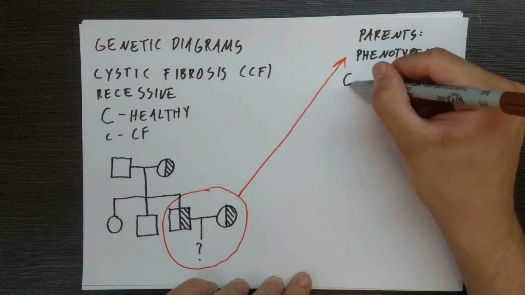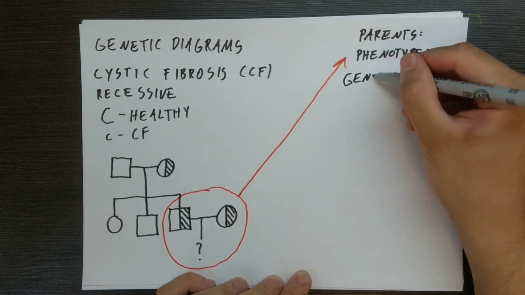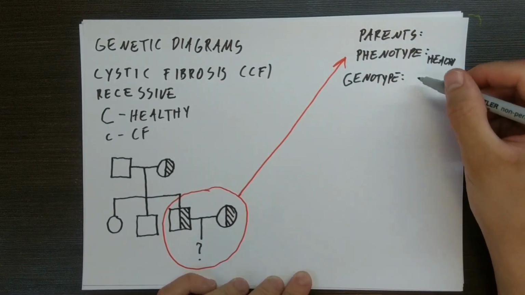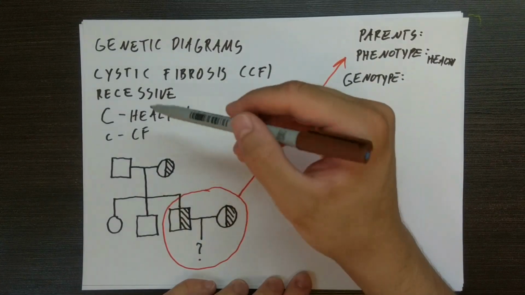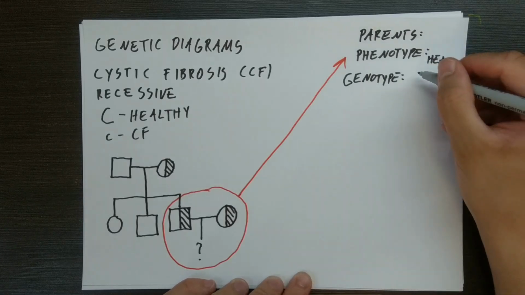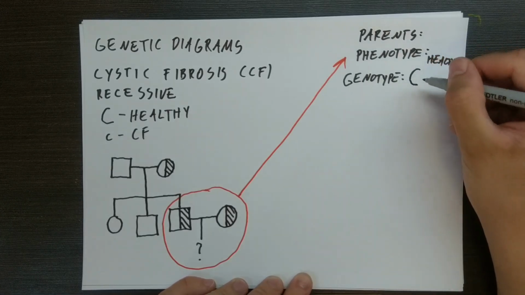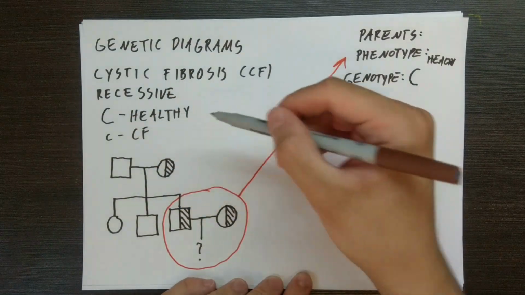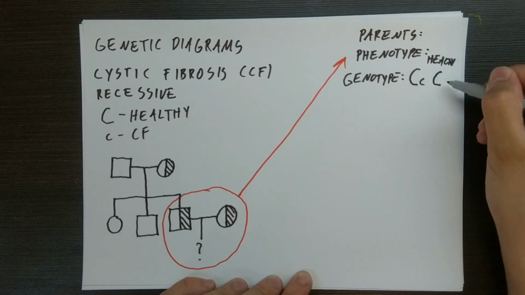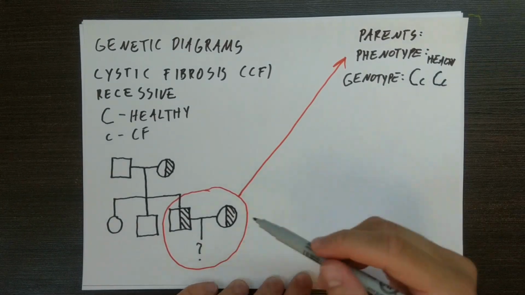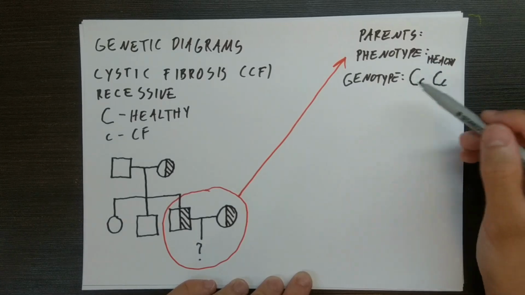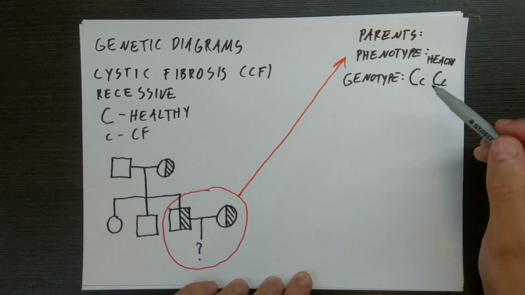However, their genotypes, because they are carriers, and we know that cystic fibrosis is recessive, the only possible combination of alleles they would have is one healthy allele, large C, and one cystic fibrosis allele, lowercase c. And that is the case for both parents, because they're both carriers. Because that is the only way that they can be healthy whilst also carrying a cystic fibrosis allele.